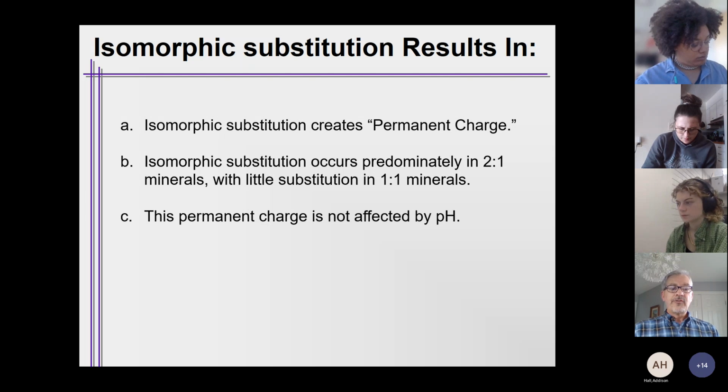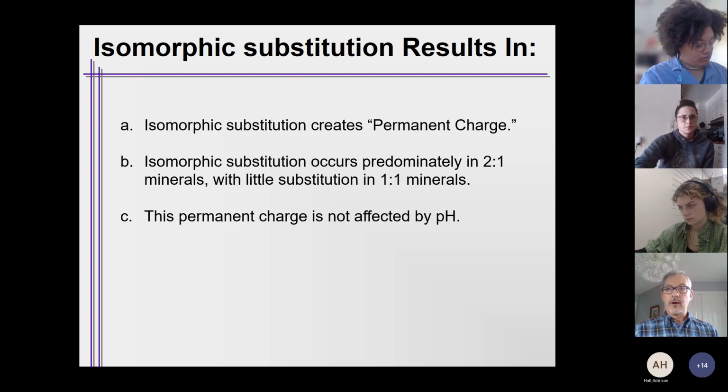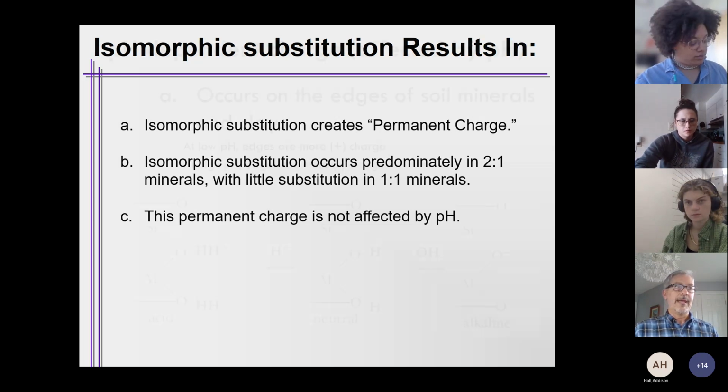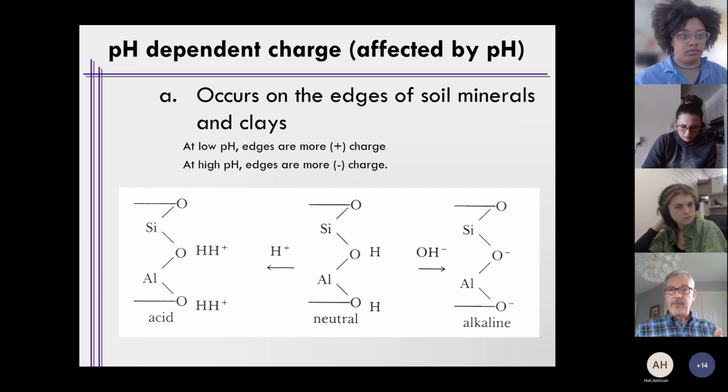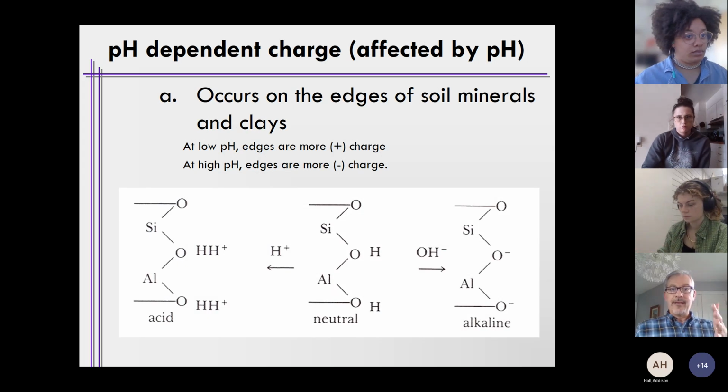So this is one way in which soils become negatively charged: isomorphic substitution. But there's actually another way, and this is also a good lead into Madison's question. Soils also can become negatively charged because of the edges of minerals, the edges of clays, and the outside edges of organic matter that are sticking out into the soil solution.